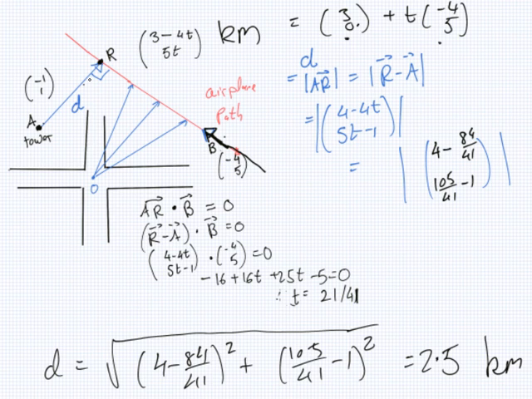Anything else? Oh yeah. What about R? What is R? R is the point. R is on the line, and it's the place that is closest to A. Okay. What's the formula for R?